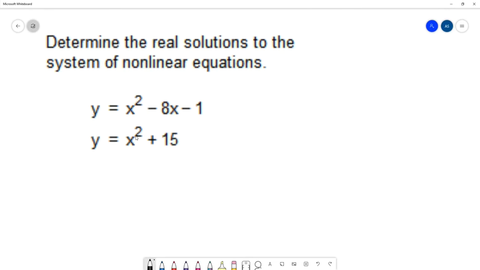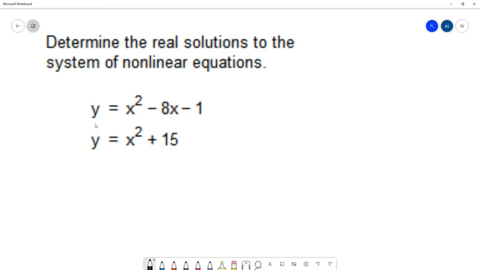When I look at the x's, I do have like terms with x squared, but I don't have a like term with the x. So I'm not going to be able to eliminate the x from the equation by combining these together. So if I want to use the elimination method, I have to use it on the y.